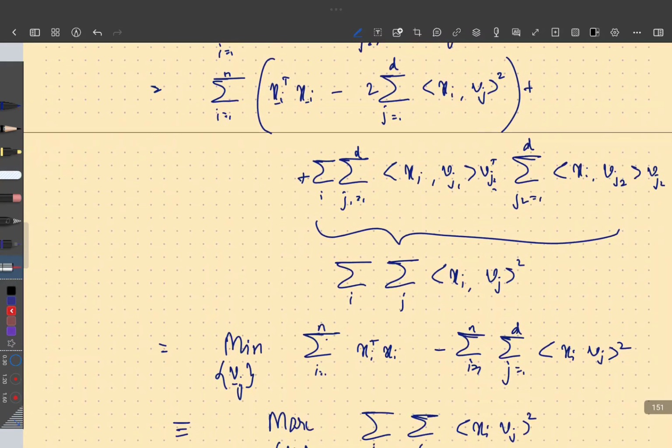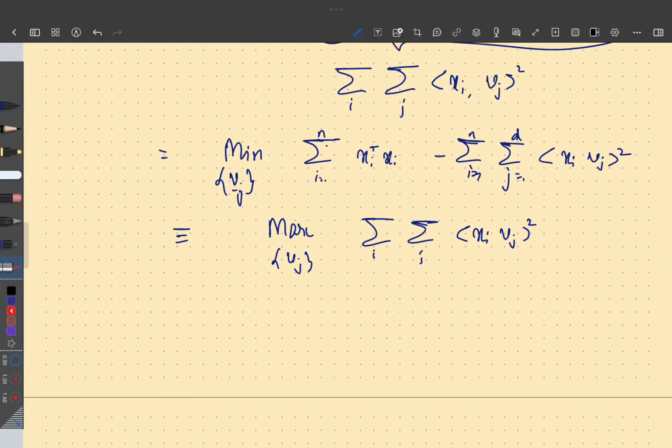And we saw that this is equivalent to finding a set of d orthonormal vectors in R to the capital D, which maximizes this particular objective function, which is the sum of the squares of the inner products between the data points and the vj's, the basis for this lower dimensional space. Right? So today we'll see the more commonly used form of PCA and how to derive it.